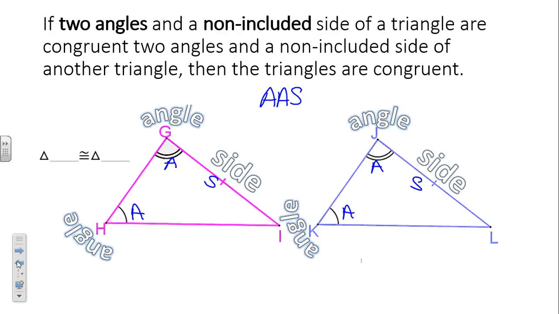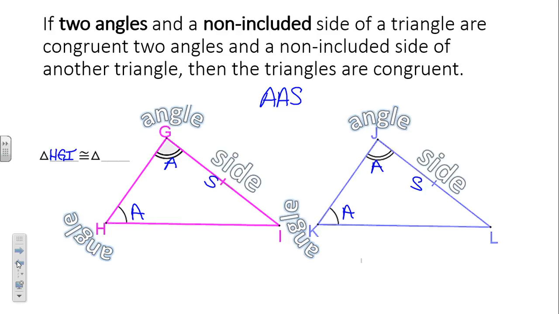So let's name these triangles. How do we want to name this first triangle? What are we going to call our first triangle? Going to go alphabetically or by angle marks? Angle marks I think makes sense. So HGI, everybody okay with that?